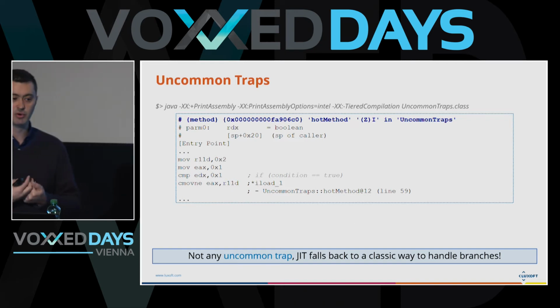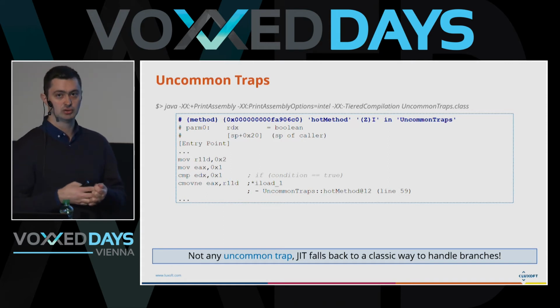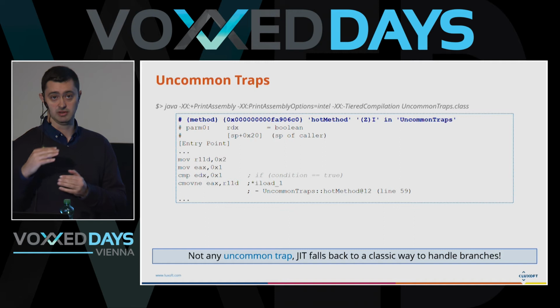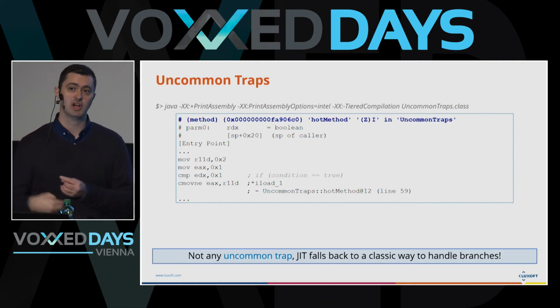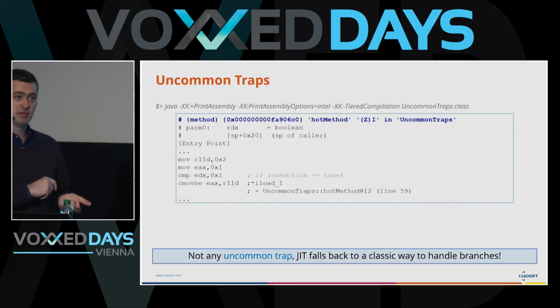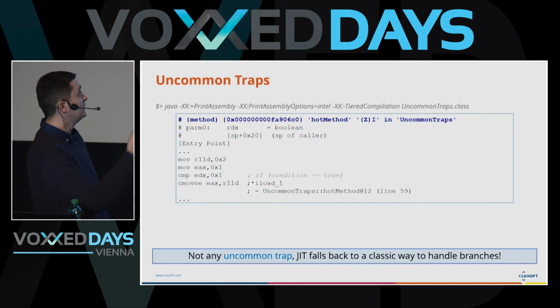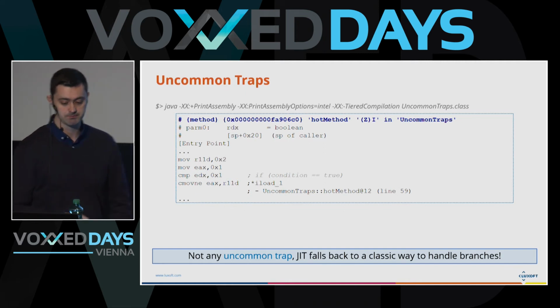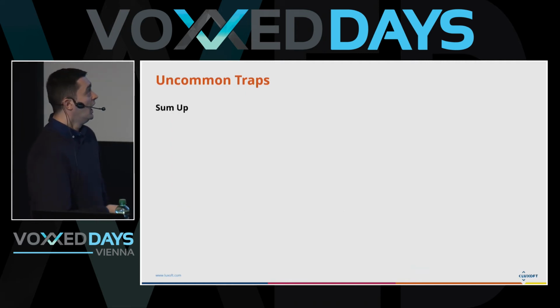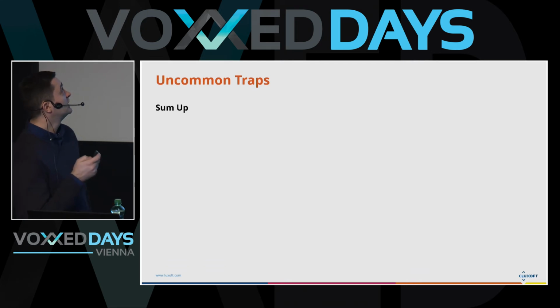So if the just-in-time compiler has the context of being able to reach both branches, the branch for true and the branch for false, it doesn't do any more uncommon traps, and it switches back to the common way of handling this, using mainly jump instructions. That's about the uncommon traps.